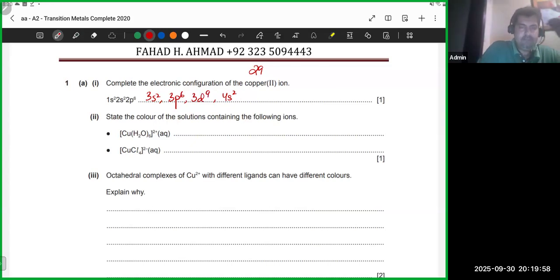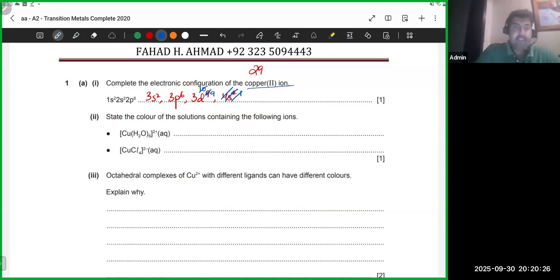That's how the electrons are filled. But copper is a special case in a way that instead of 3d9, it's actually 3d10, and 4s is actually 1, right? So he's talking about the copper 2 ion. So that means the outer electrons are gone, the 4s is gone, and there's going to be 1 electron gone from the 3d as well, so you'll be left with 3d9.